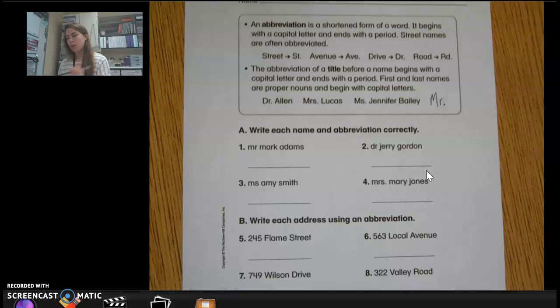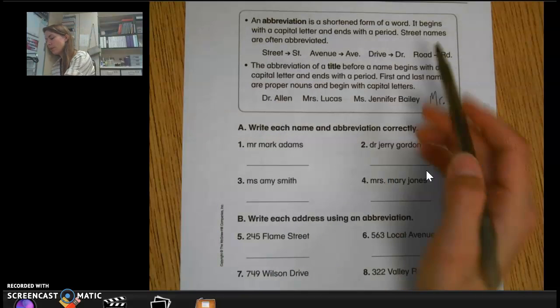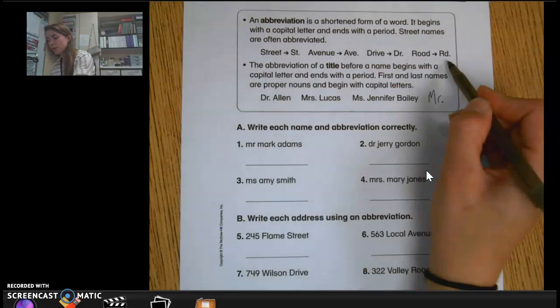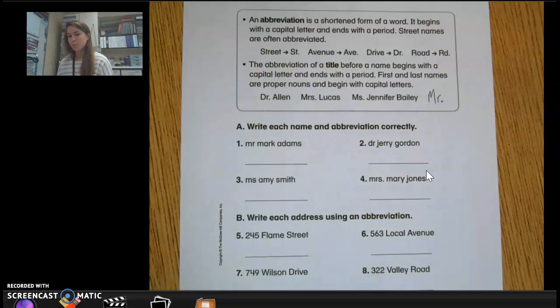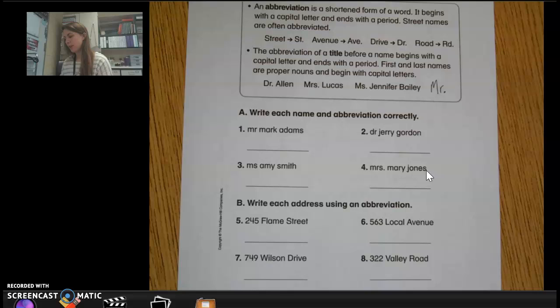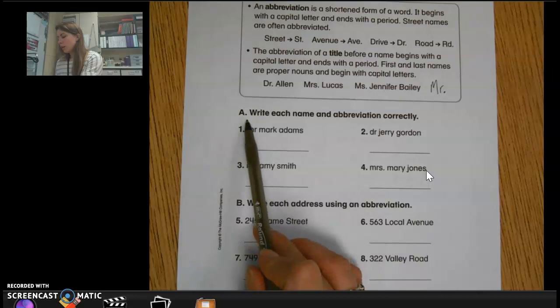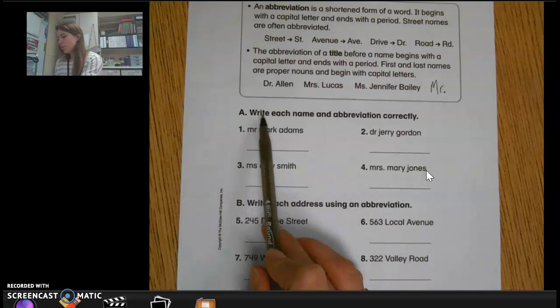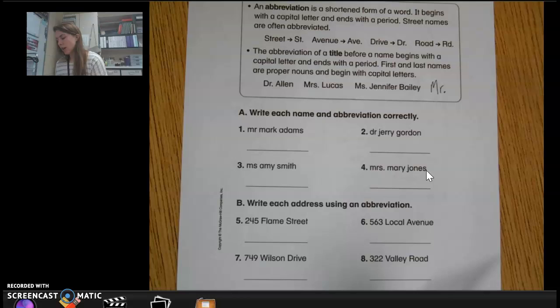What you're going to do below is you're going to use these up here. So these are all your, kind of like your answers. They have up top for you, so you remember how to abbreviate certain titles and parts of street names. The directions: write each name and abbreviation correctly.